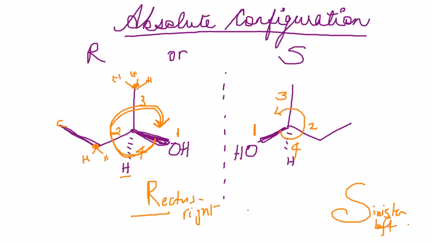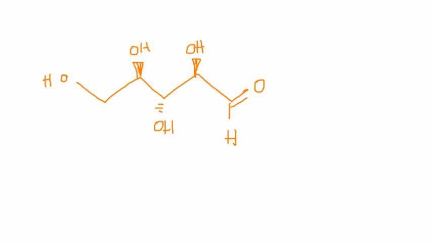All right, let's try a couple more examples. Suppose the question is that you have to provide the R and S configuration for all chiral centers. So you first have to locate which ones are the chiral centers, and then assign whether they are R or S. So how would we do that?